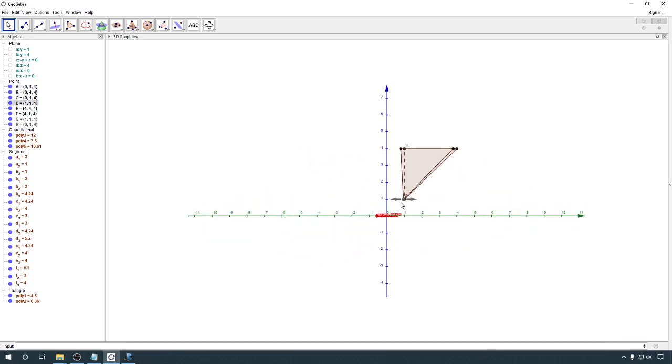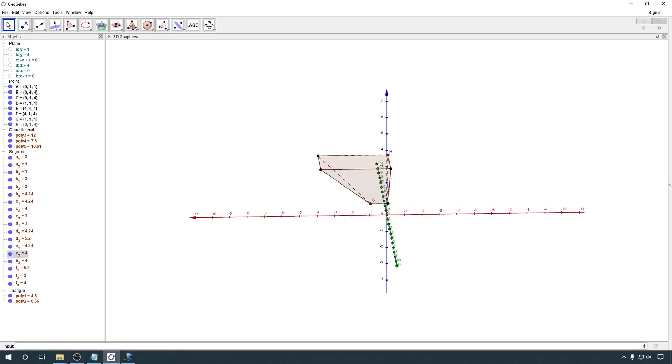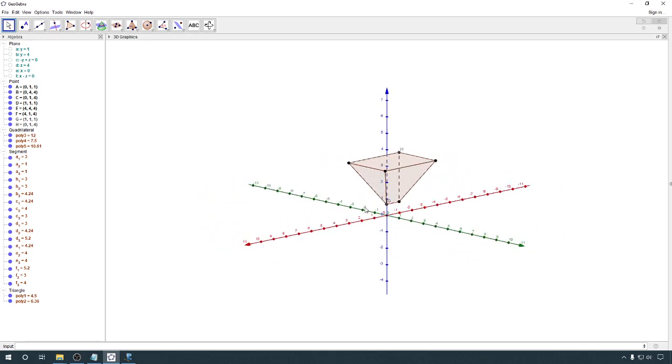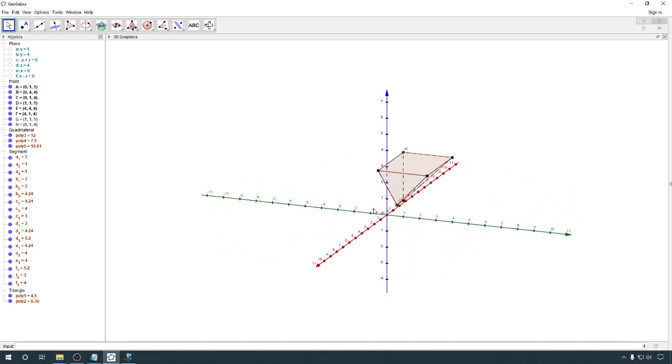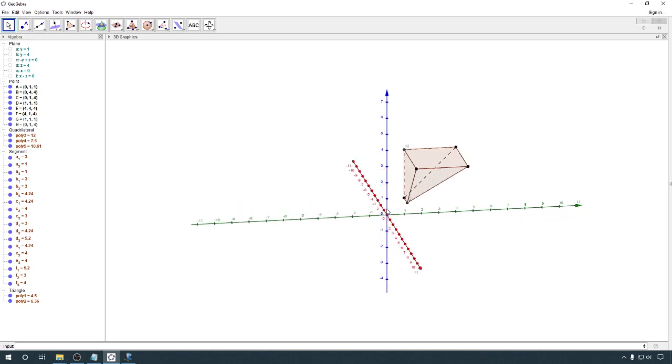You can tell that this line here is just the line y equals z, or you can say z equals y. So we're going from z equals y to z equals 4. But then the x values are going from x equals 0 out to x equals z. That forms our solid here that we want to integrate over.